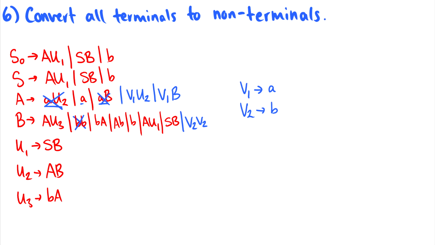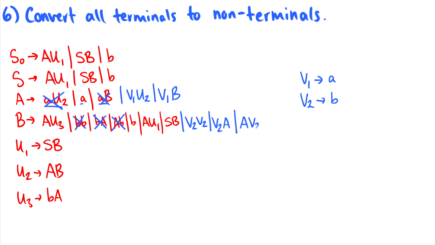Okay, similarly with this BA, we don't want BA here. This could be V2A instead. I'll have to move these over a little bit. Okay. We have capital A, lowercase b, so we have a terminal there with a variable. That's not good, so we'll call this A, V2, then V2 goes to B. B is fine because it's a terminal on its own. AU1 is fine, and SB are fine because they're both variables.